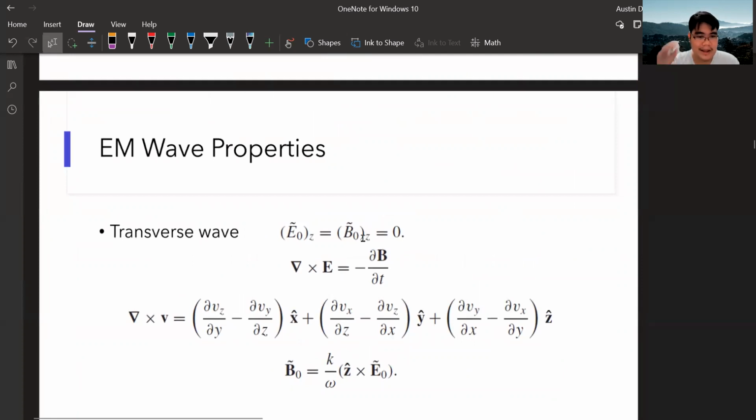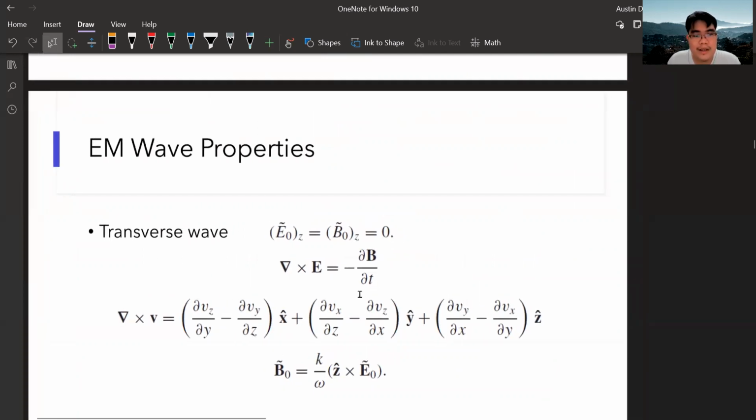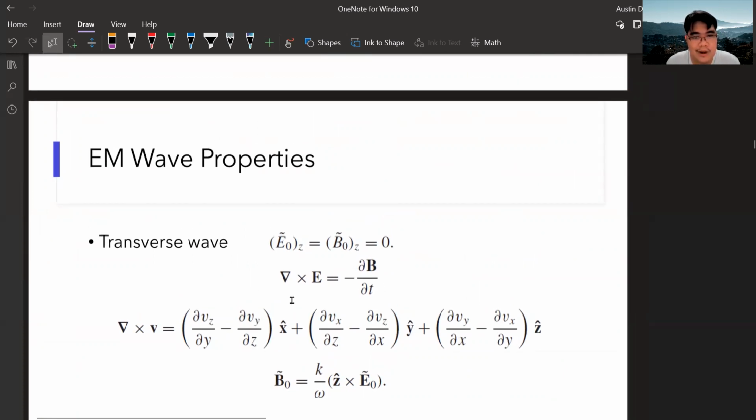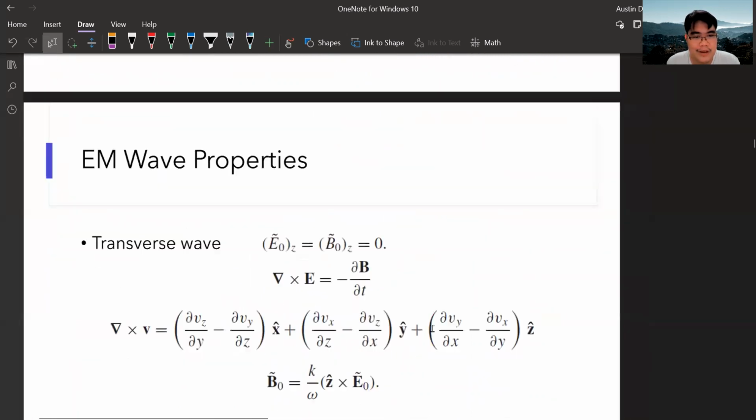Okay, and then what else can we do? We will use Maxwell's equation to determine what else we get whenever we have an EM wave.